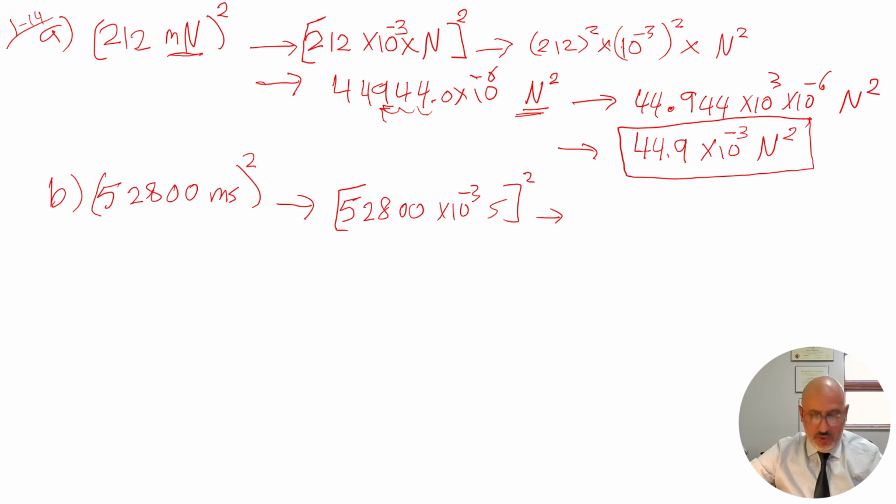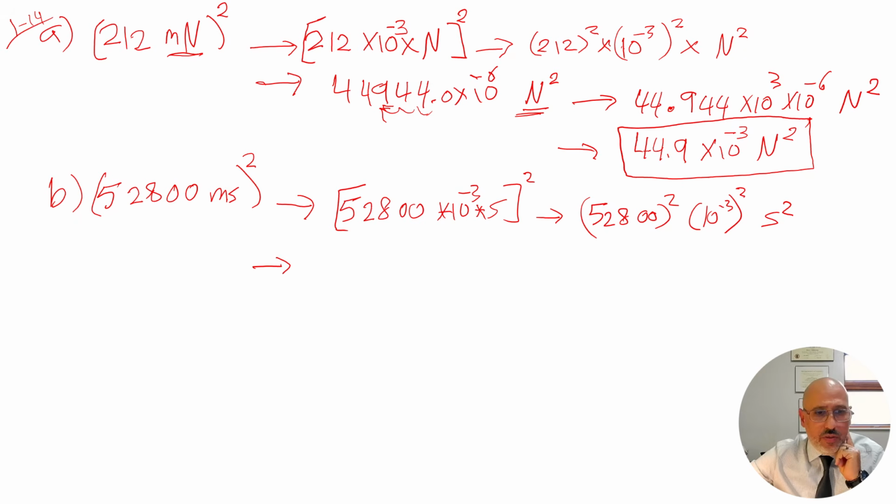You can now distribute the square onto all of these because it's multiplication, right? So I can say that this is 52800 squared multiplied by 10 to the power minus 3 squared multiplied by second squared, right?